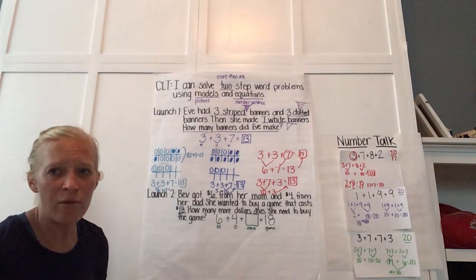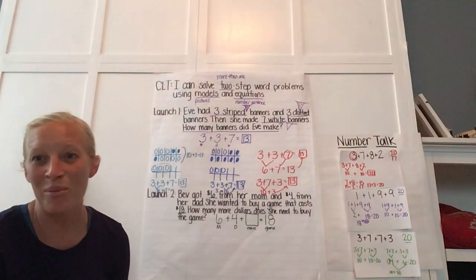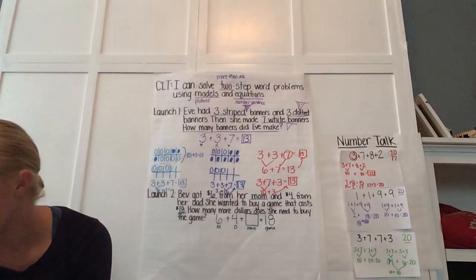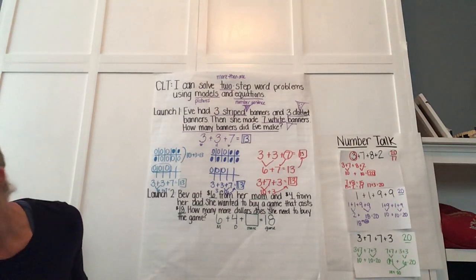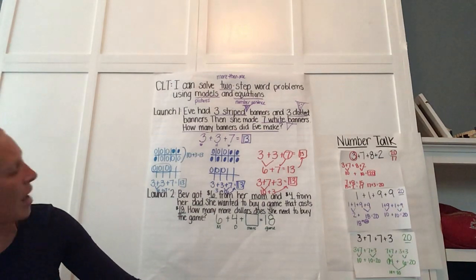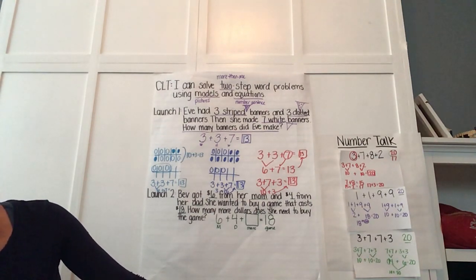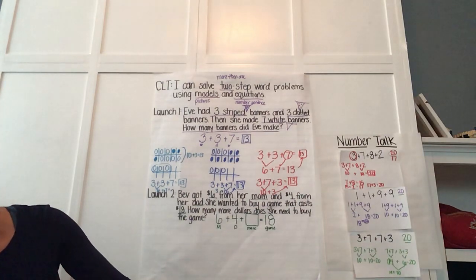If you're at home, feel free to pause to give yourself some time for private think time. What did you add first? So then how did you know what more to add? And where would you put that in the equation?